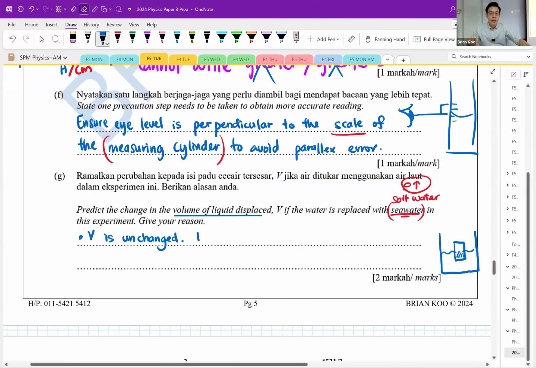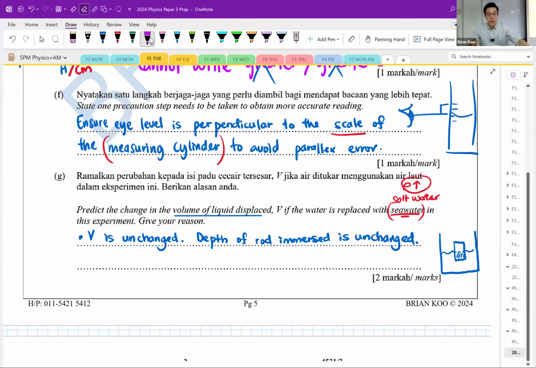Okay, what's the reason? Because depth of rod immersed is unchanged. As long as you never immerse more, why would the volume change? But I feel the more probable question is not on volume. They'll ask you on buoyant force most likely.